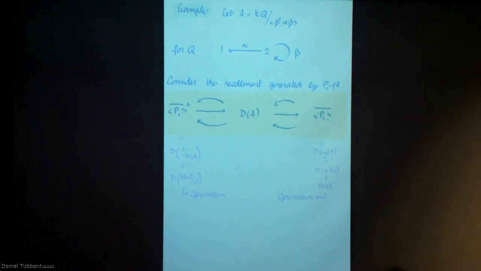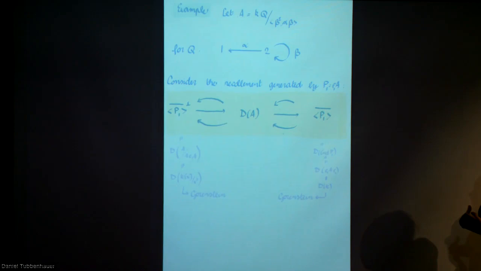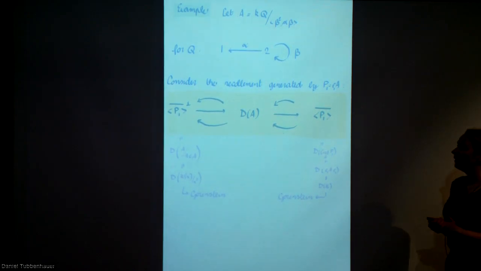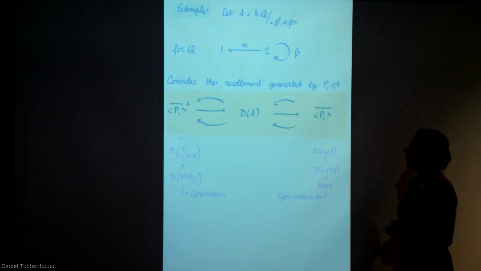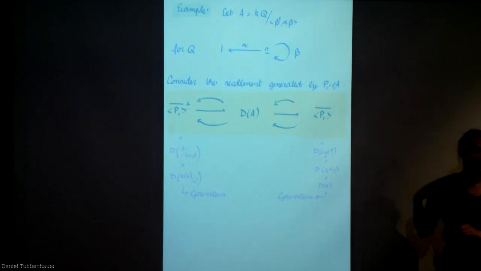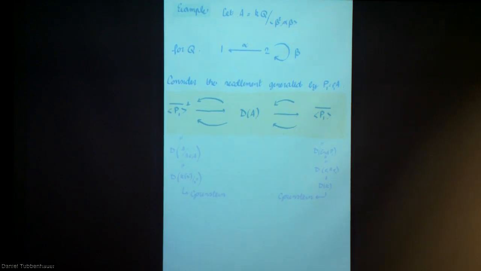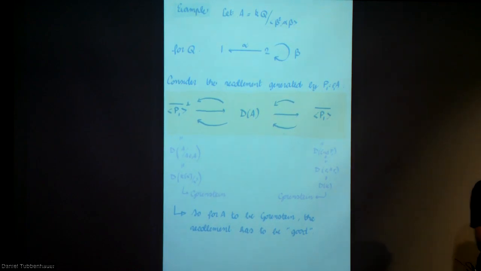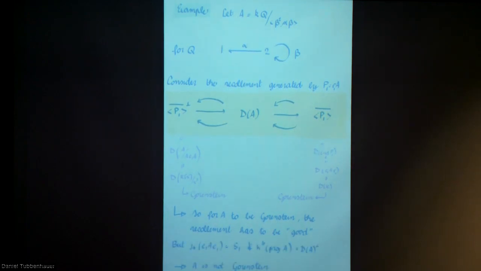Okay, so we've glued two Gorenstein rings together. Will the middle one still be Gorenstein? For that to happen, it is necessary and sufficient that this recollement is good. And so we have to check that the bottom ones preserve compacts and the middle one does what you want it to do.